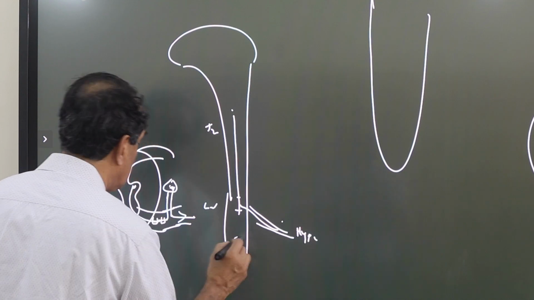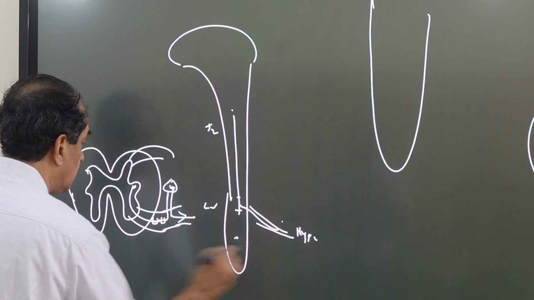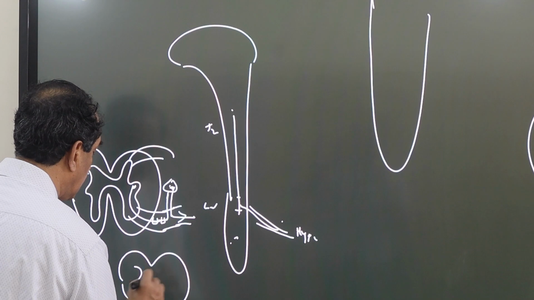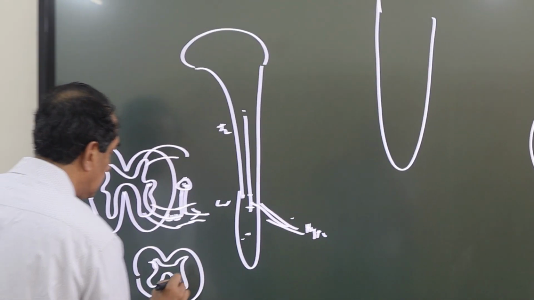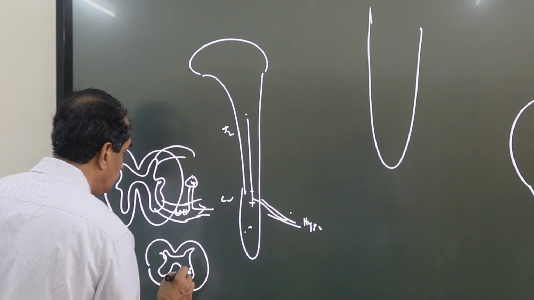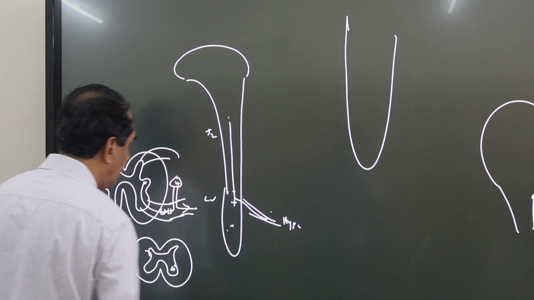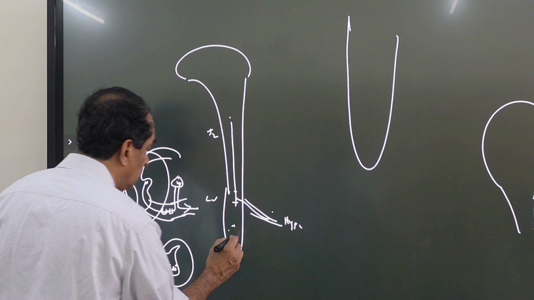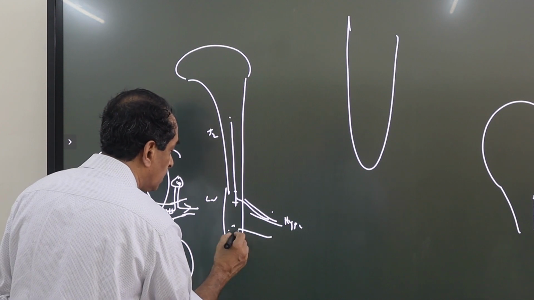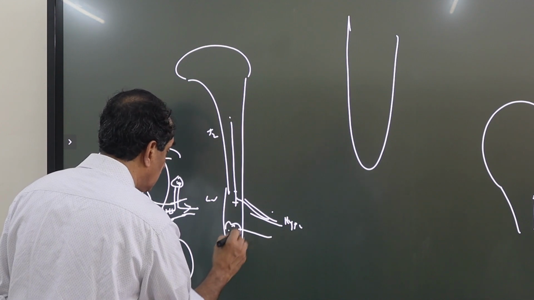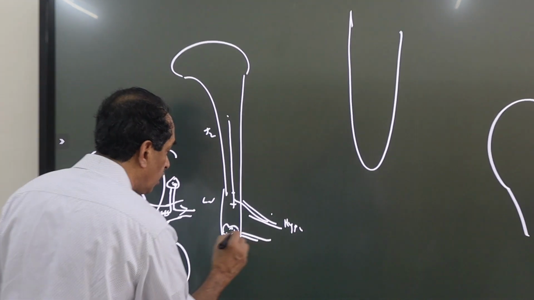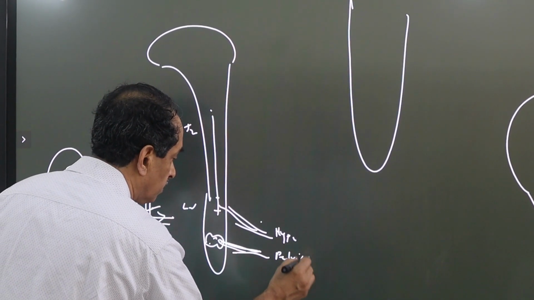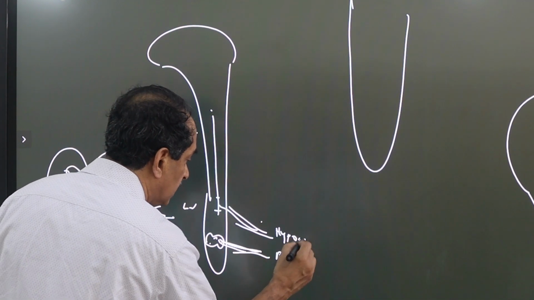S2, S3, S4. You get the S2, S3, S4. If you cut there, there's no sympathetic ganglion, but there are the cells for the sacral parasympathetic neurons, and also the somatic nucleus. So you get the sacral parasympathetic neurons, they all come together and are known as the pelvic nerve.